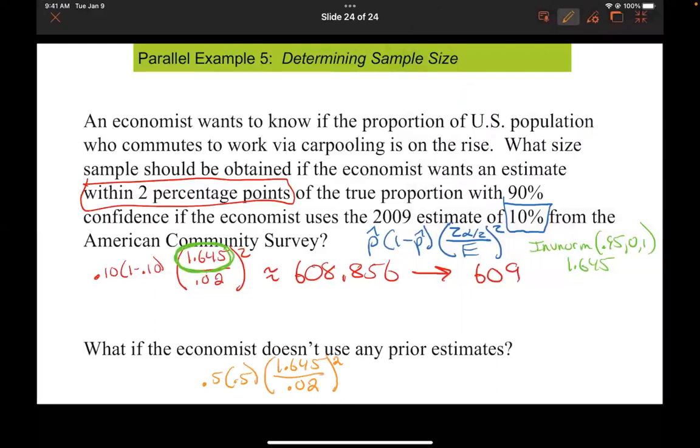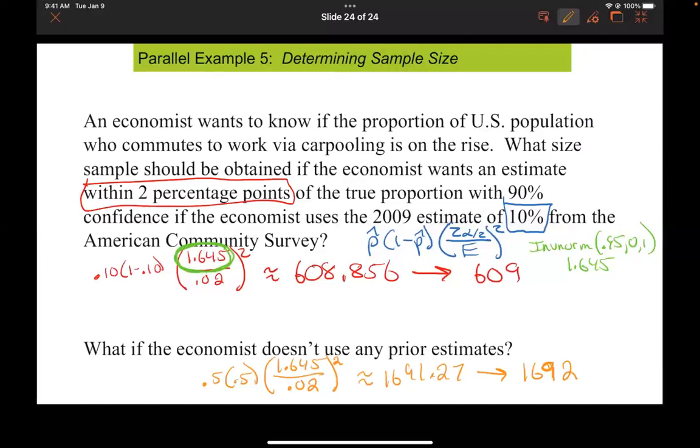You will see so quickly that using a prior estimate is very good.